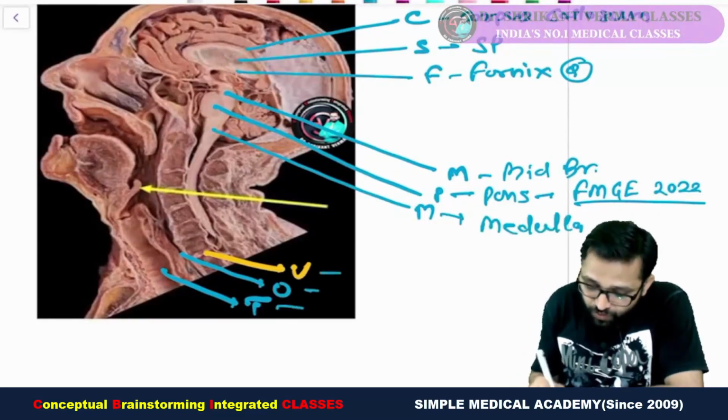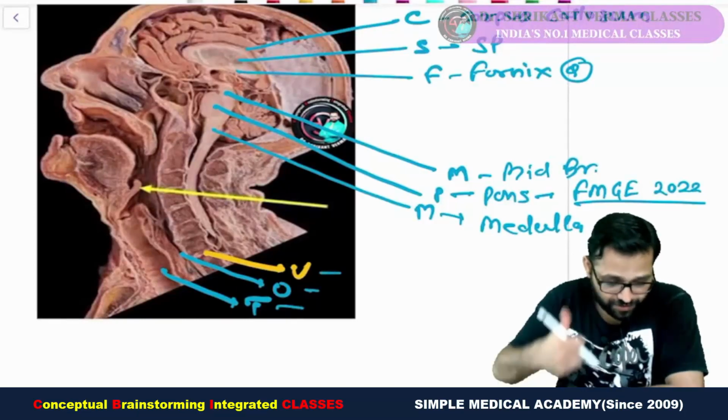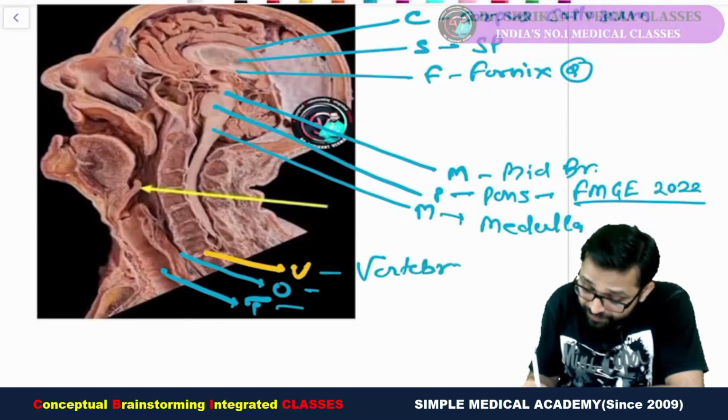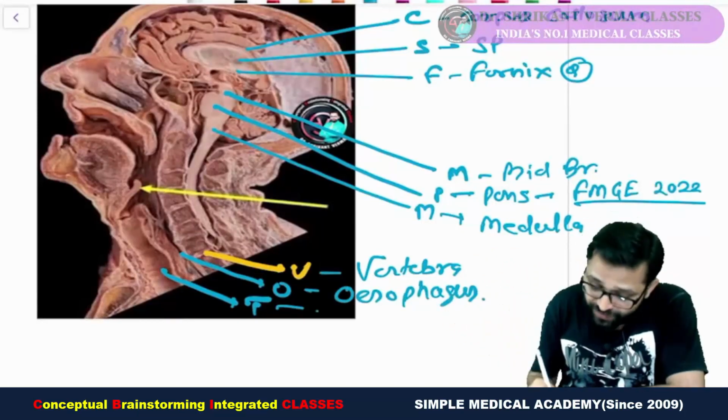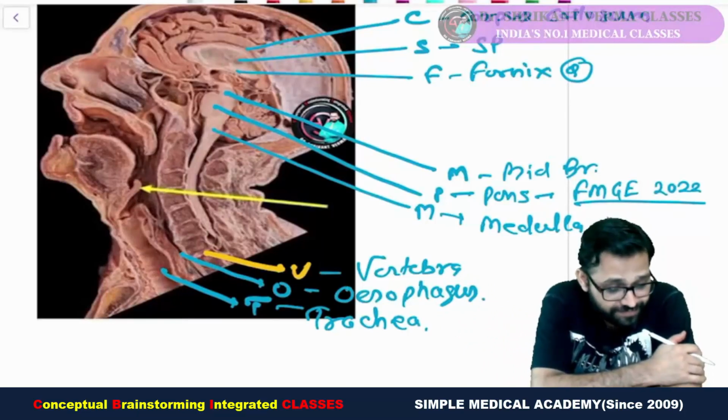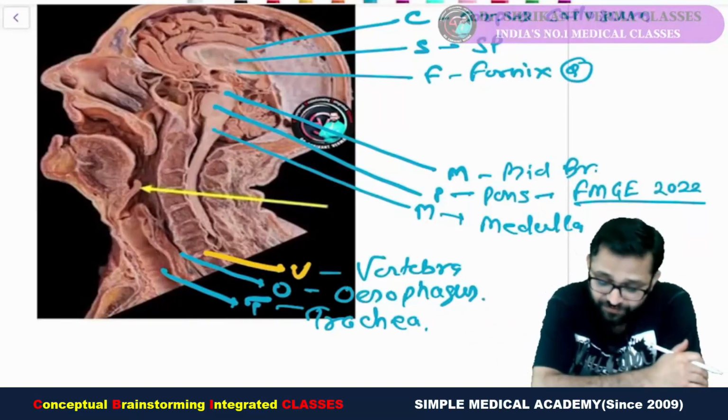What is the VOT? Tell me. Okay, beta. V for vertebra. In front of the vertebra there is the esophagus. Getting the point? And in front of the esophagus there is the trachea. Everybody? Yes, Preeti, you are correct, beta. Fine.